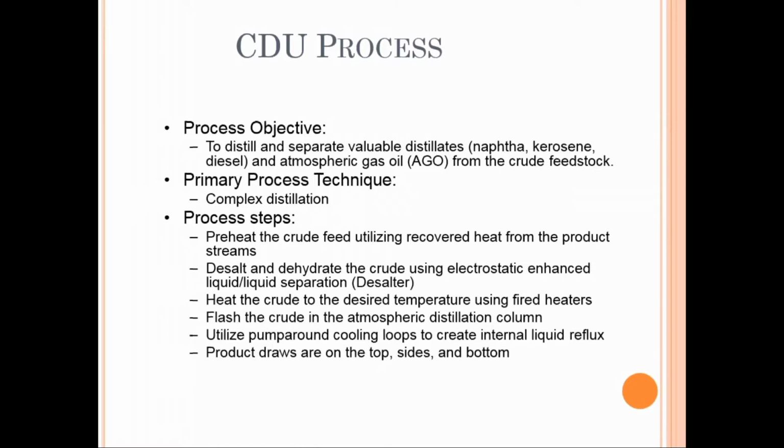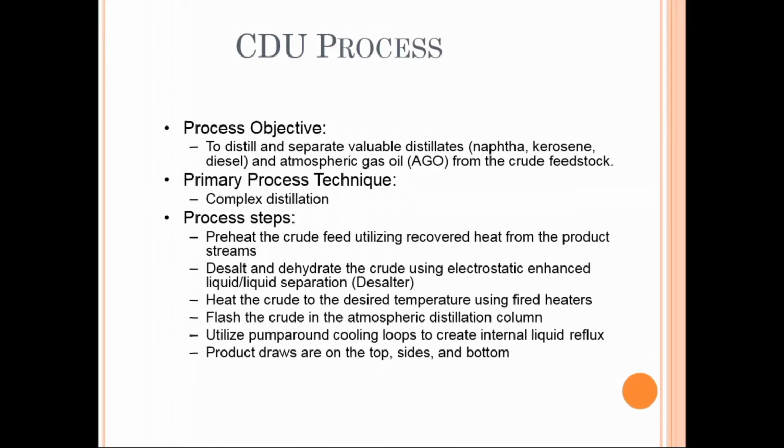Now, what are the individual processes? When you are asked to explain the process of crude oil distillation, for instance, you should know the steps involved. Number one is to preheat the crude feed, utilizing recovered heat from the product stream.